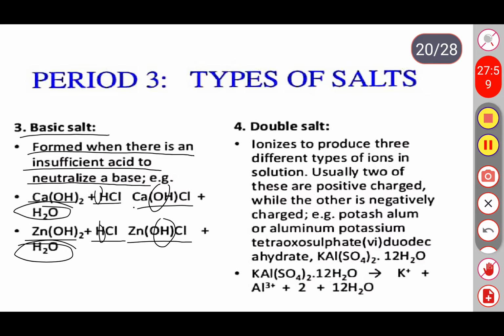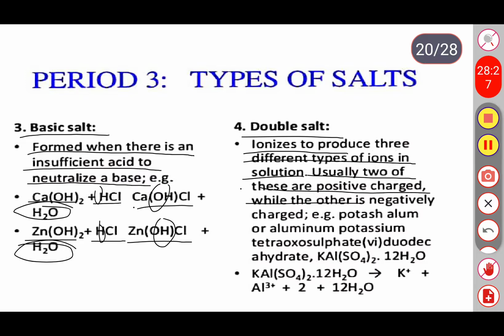Fourth one, double salts. Double salts and one more type are not important from our examination point of view. Double salts ionize to produce three different types of ions in solution. Usually two of these are positively charged while the other one is negatively charged.